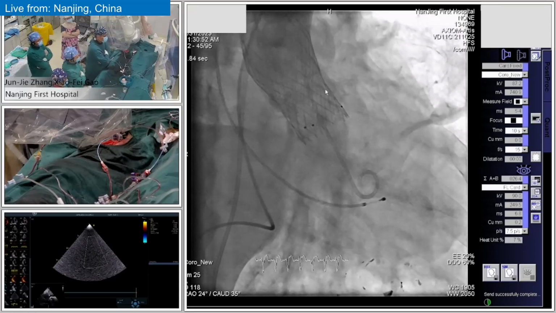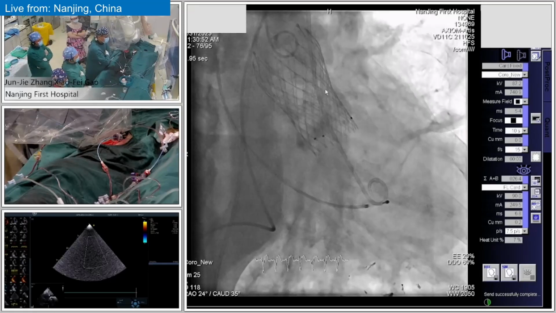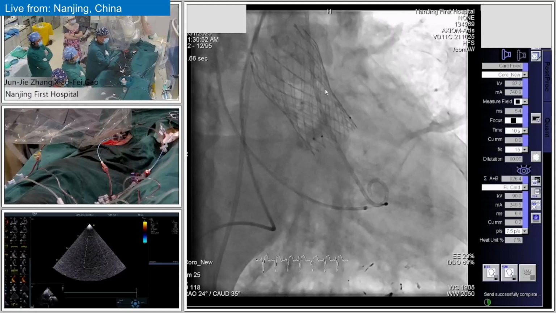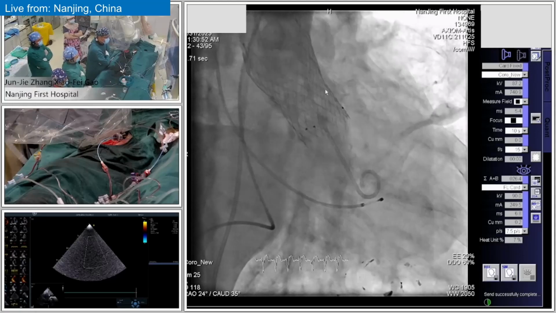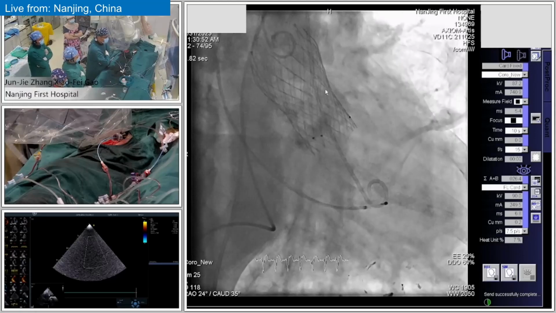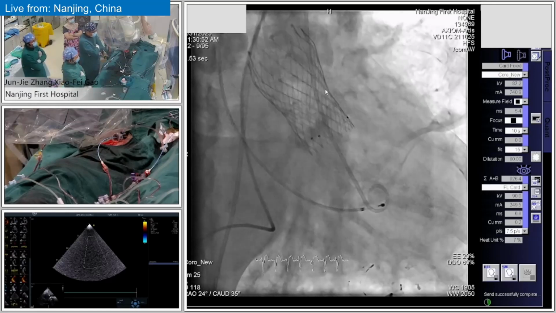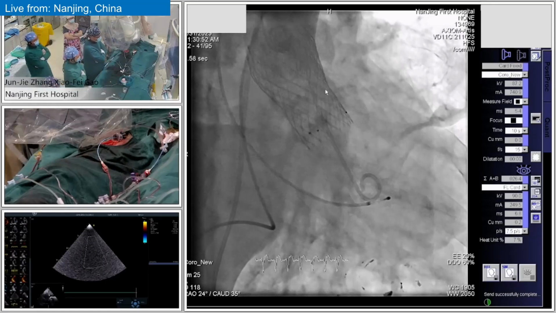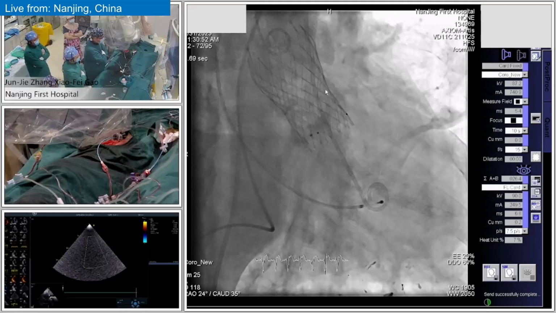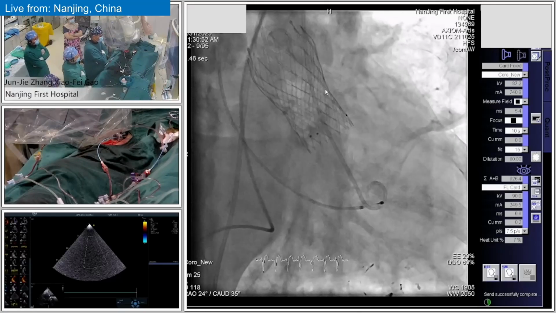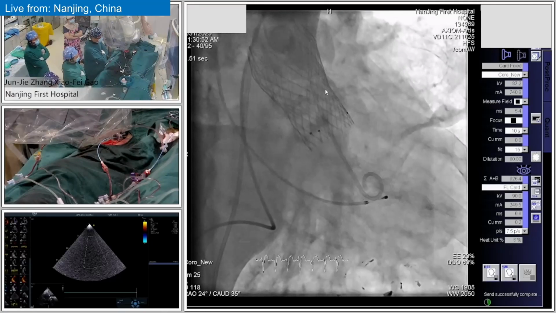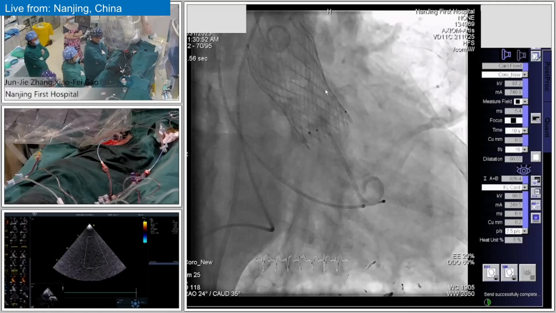The second question is what are the potential complications and long-term outcomes associated with TAVI in patients with severe bicuspid valve stenosis. According to the published data, compared with the tricuspid valve, the long-term result after TAVI for bicuspid aortic stenosis is very similar.